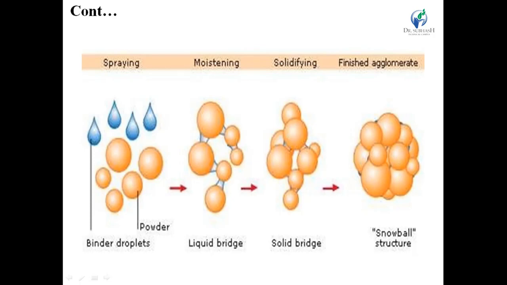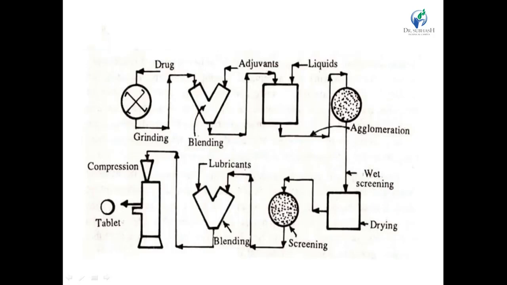In the second step, a liquid bridge is formed between two powder particles. Next, a solid bridge is formed between two powder segments. And finally, finished agglomerates are formed.